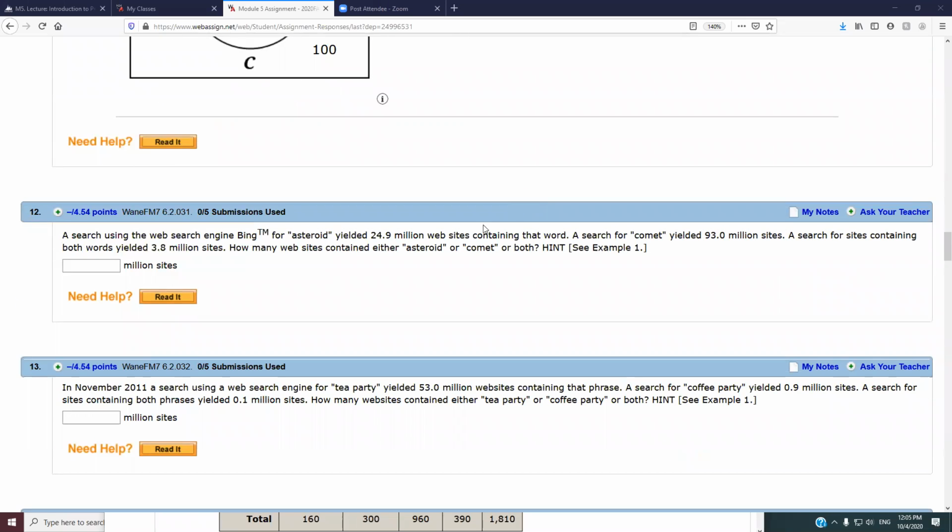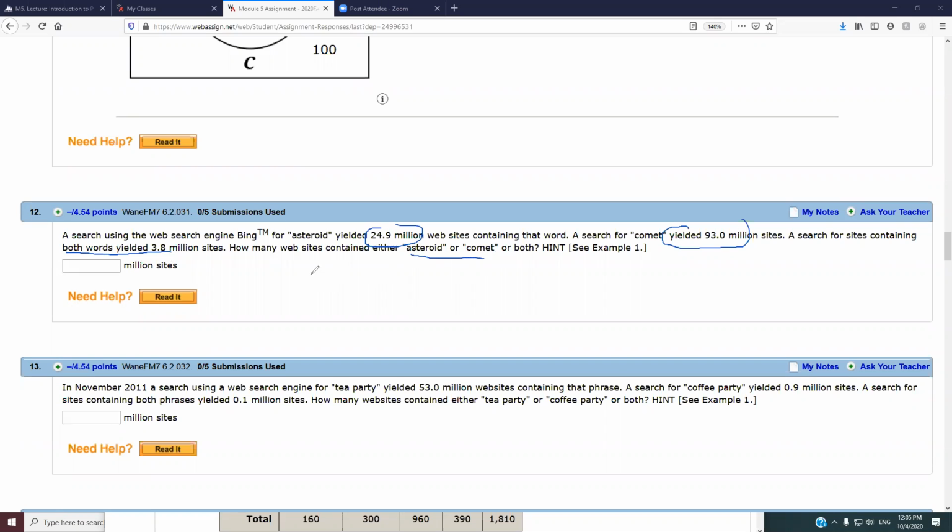How about if we look at number 12 here quickly? It says a search using a search engine for the word asteroid was 24.9. Search for comet yielded 93. And both was 3.8. How many websites contained either asteroid or comet?